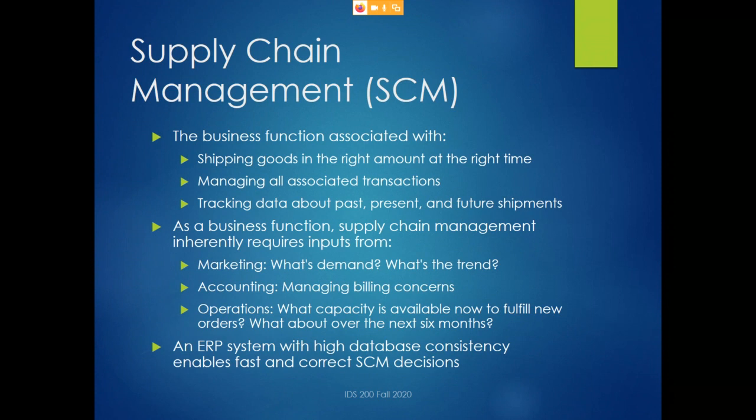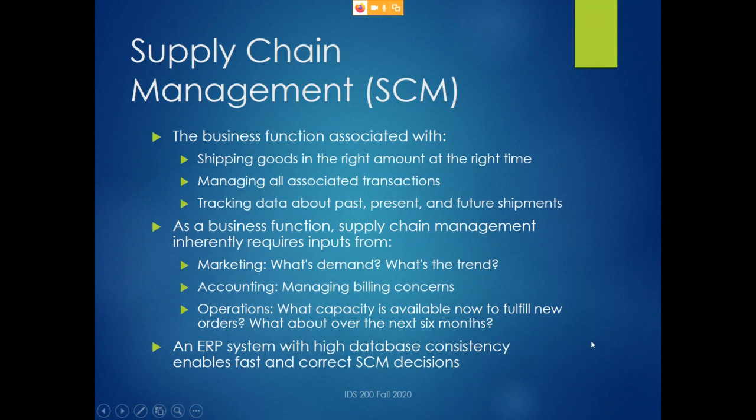And of course, operations, where the work actually happens. So if there are new orders, supply chain people need to know what capacity is available to fulfill them. And going forward in a reasonable amount of time too, maybe the next 6 months or the next year or two, they're going to need to know what capacity is there now to fulfill new orders so that they can manage processes like bringing in components and getting things to where they need to be.